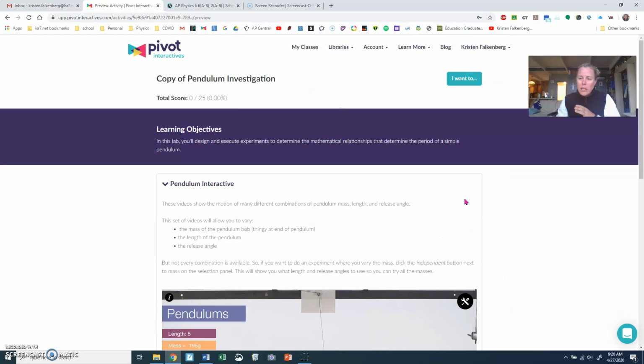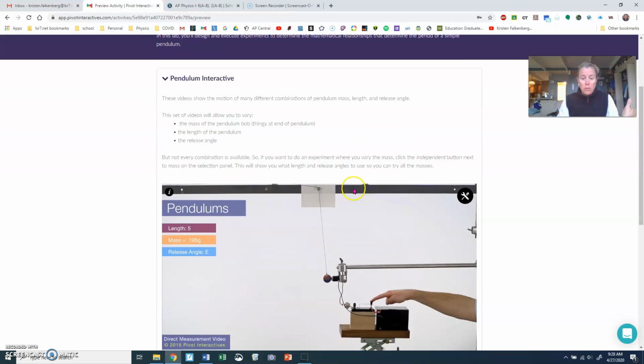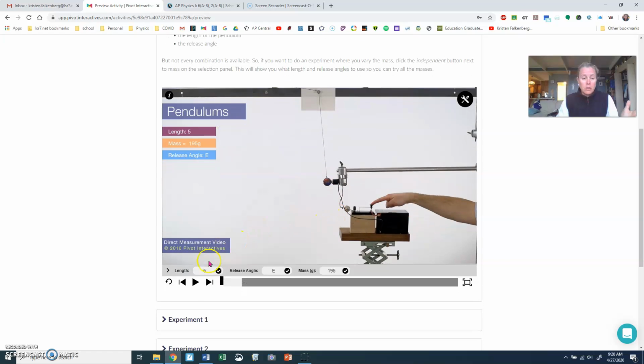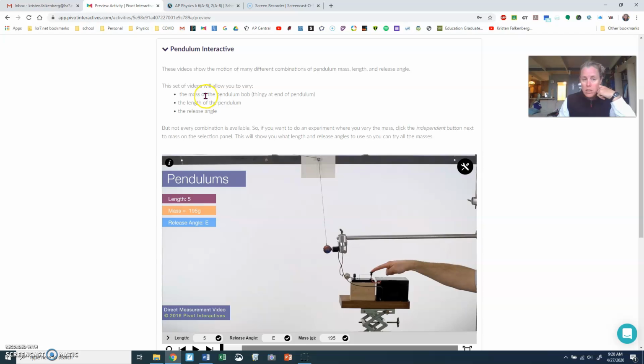Now I don't want a lab write-up, okay? I don't want a lab write-up, but I do want to know the relationship between period and what you could change. So let's look at what we can change. If we've got a pendulum, I'll just press play, and they give it to you.